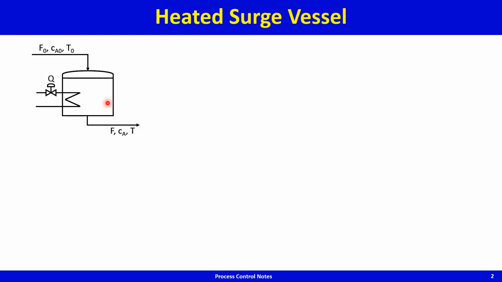So T is greater than T naught, and you're putting in Q kilojoules per minute or Q megajoules per minute of heat into the tank, to the liquid in the tank.